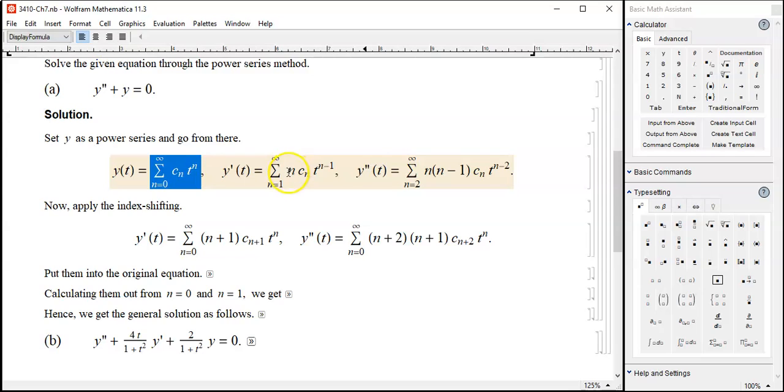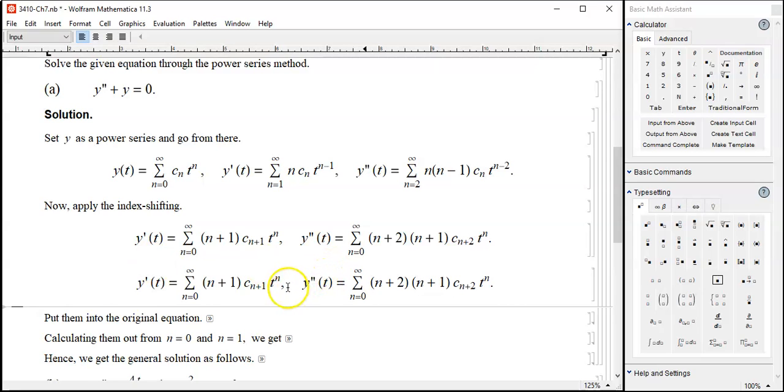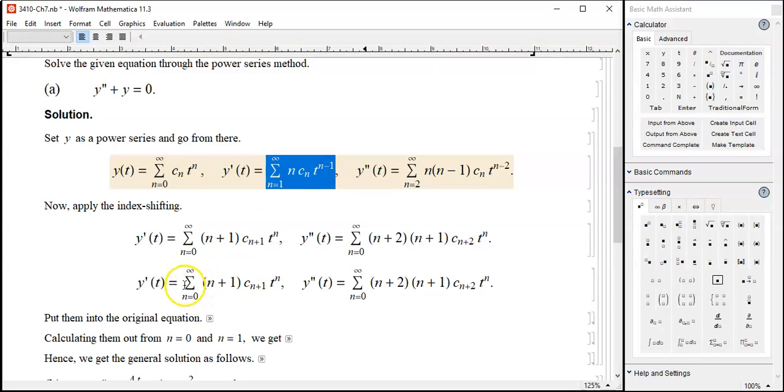Take the derivative of each term, take one more derivative of each term, and we get y prime and y double prime respectively. Our bread and butter. Next, let's apply index shifting, and that too should be your bread and butter. But this is the first time, so let's go ahead. So y prime of t is this one, right?